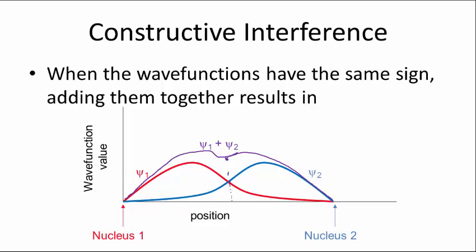The important thing is that when we add the two wave functions together, what's true of the wave function value for the combined wave function? It's bigger. We call that constructive interference because they have built on each other.